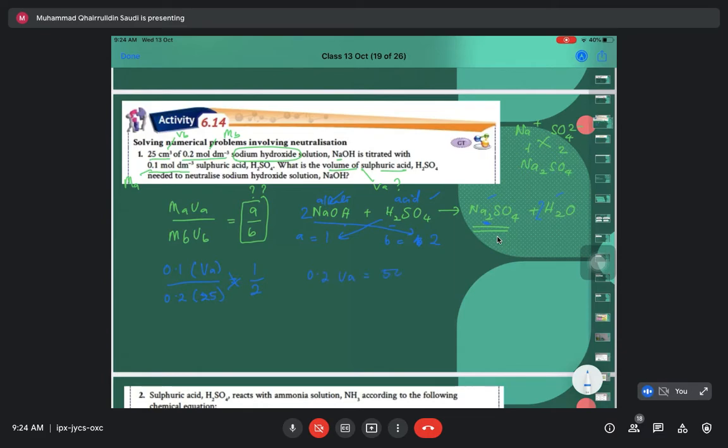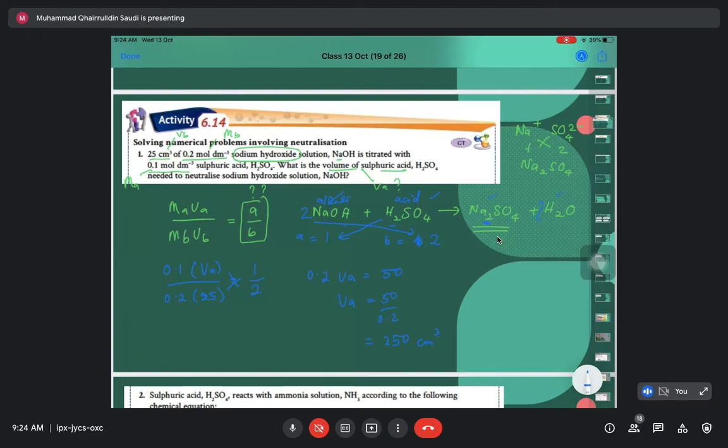Va equal to 50 divided by 0.2. 250 centimeter cube. Is that right? I'm going to press the calculator. Is my answer the same as yours?